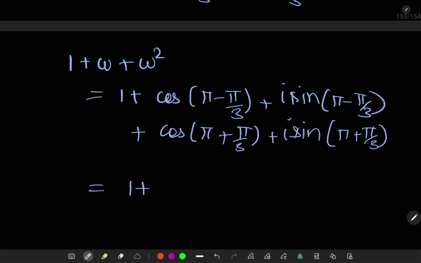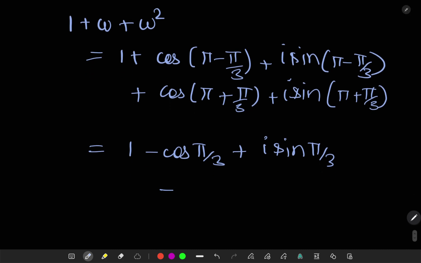Now cos pi minus pi by 3 is equals to minus cos pi by 3 plus iota sine pi by 3 minus, and this term become minus cos pi by 3 minus, because this term goes in third quadrant, so in the third quadrant this become minus, so we can write here this.